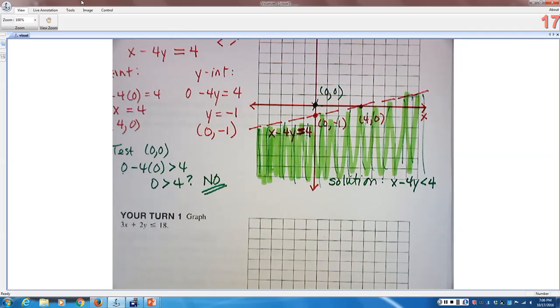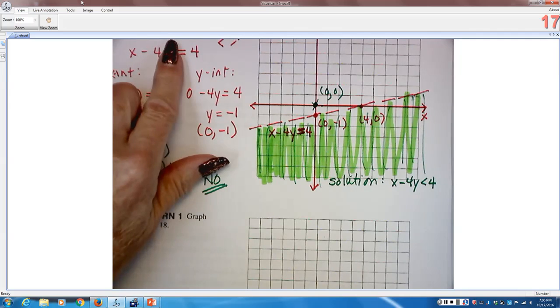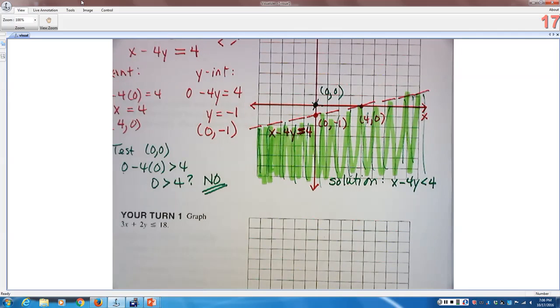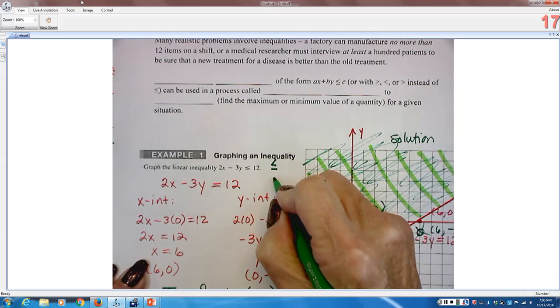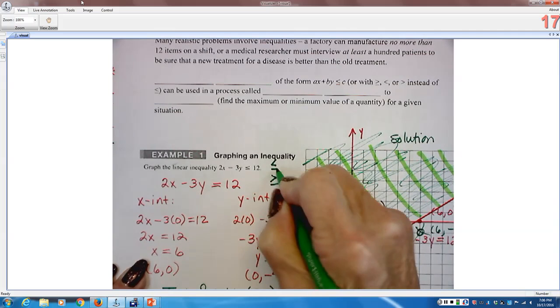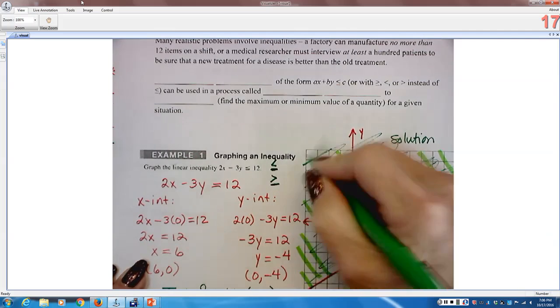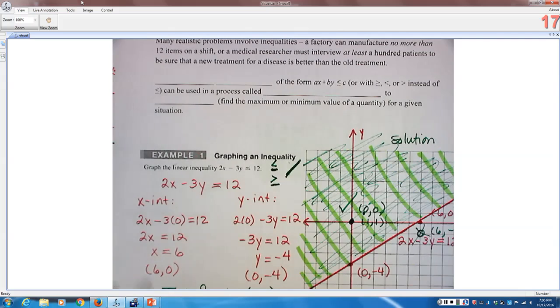Question? Because there's no equal sign. There's no equal. On the first problem that we did, we had equal to or less than. Okay? And even if we had equal to or greater than, it's the equal that makes it solid.